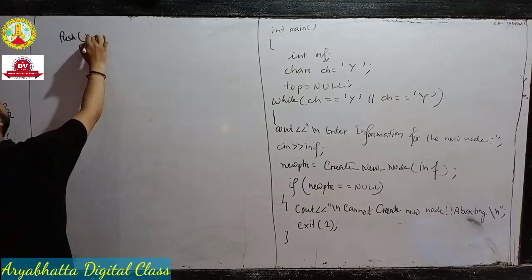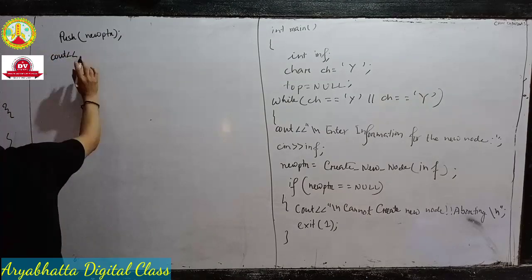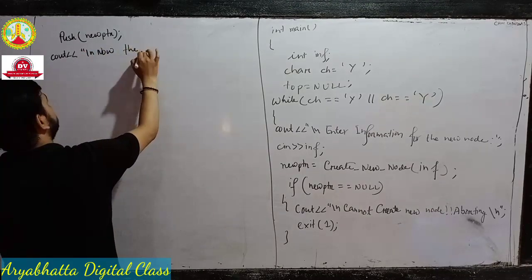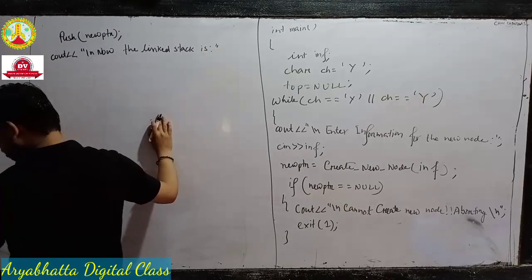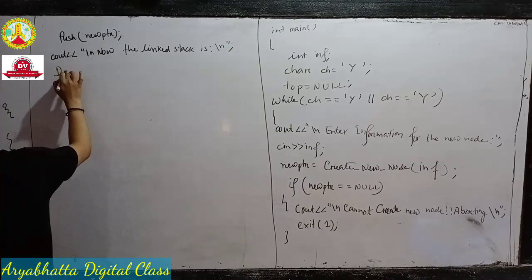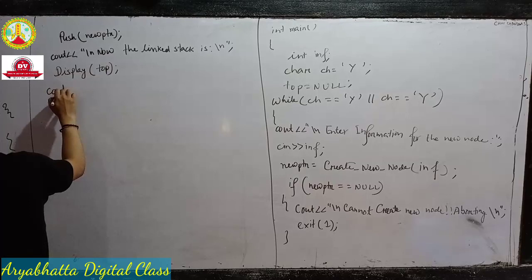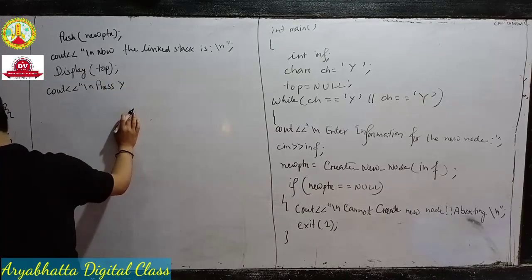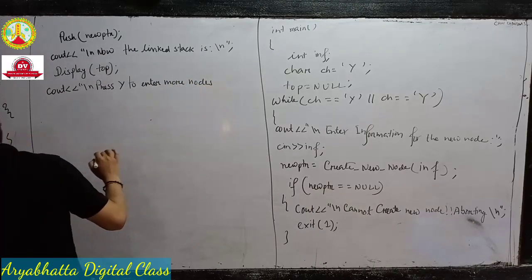Push new ptr, this will be called. cout: Now the link stack is... press Y to enter more nodes, and to exit.